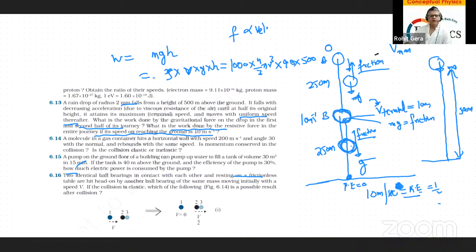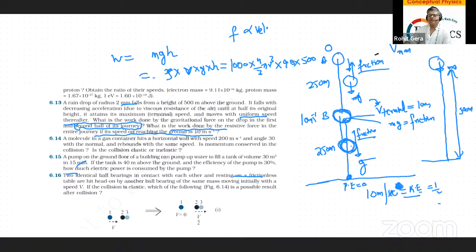And let's talk about the second part. Now in the first half and the second half of the journey, very interesting. What is the work done by the gravitational force during the first half and the second half? If it's an individual force, why is it different?